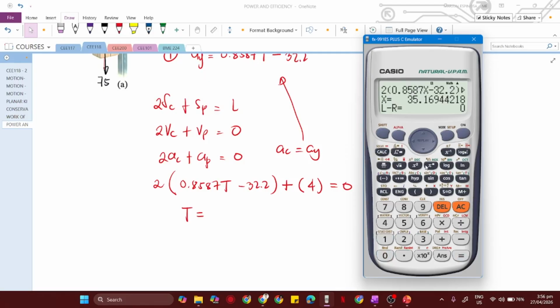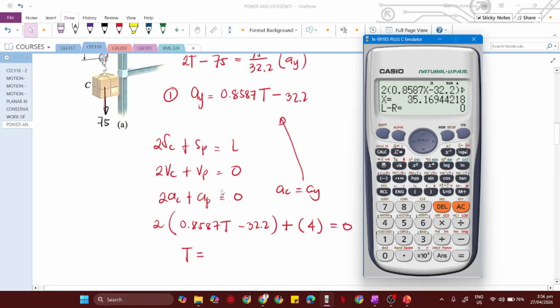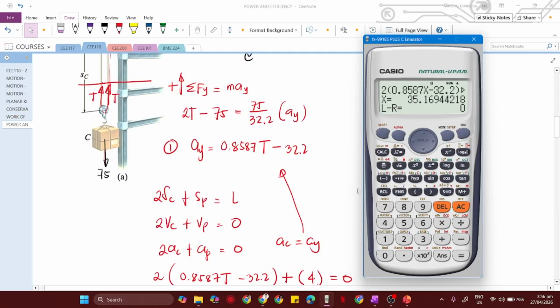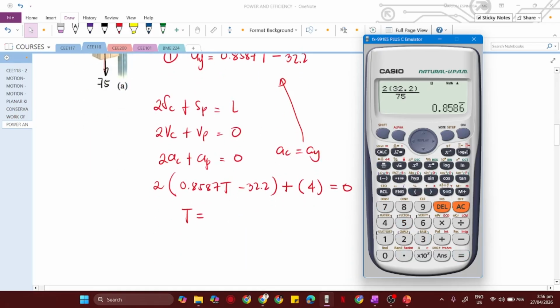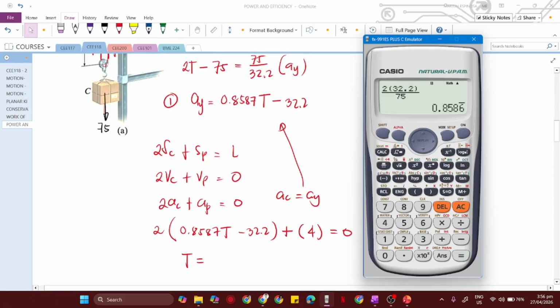Hold on ha. I think may mali. Dito. Tama ba? Okay, 2 times, hold on ha, 32.2 divide 75. Correct naman, no? So, 2 AC, ito magiging negative 2 and 4.